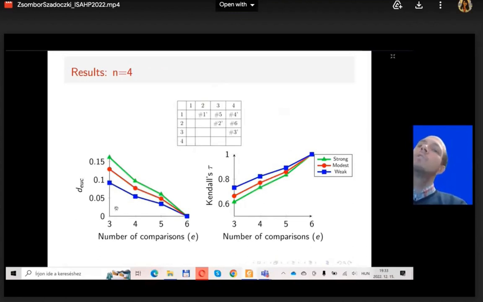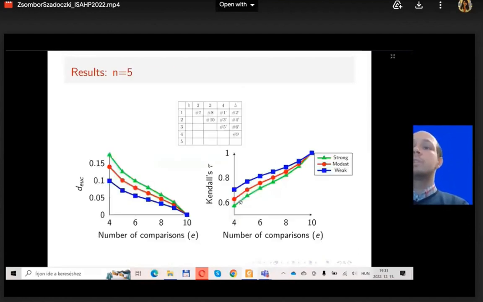And these figures show the Euclidean distances and Kendall tau measures for the optimal cases with a given number of comparisons. So basically, this can provide ideas or help for applications, so at least how many comparisons we need in a given problem. These figures can help to answer these questions.